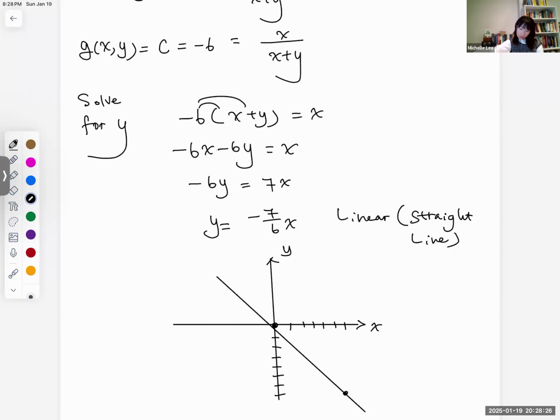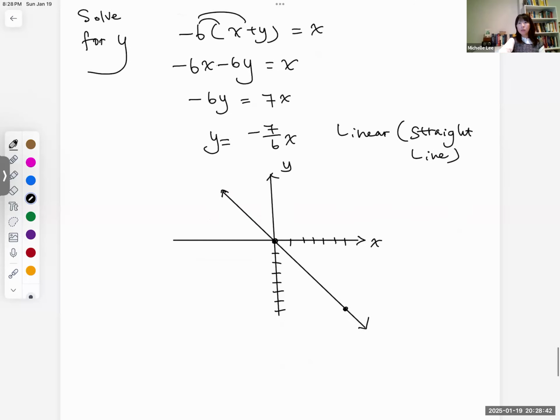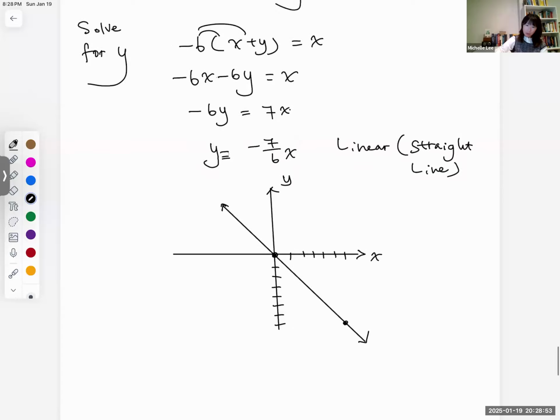Can I move a little bit? So like that. All right. Oh, you cannot see well. Yeah. All right. Let's sketch one more problem.